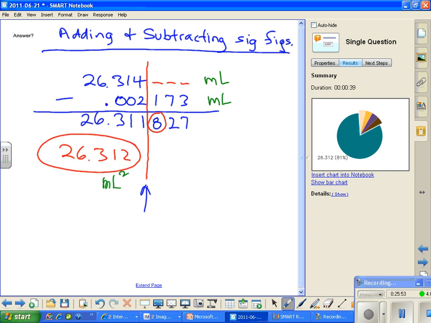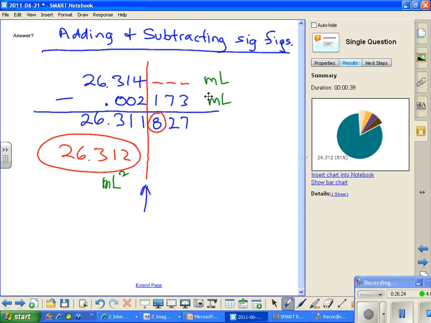If one is liters and the other is milliliters, you have to convert it to the same thing. You can't multiply mils times liters. Mils has to be converted to liters, or liters has to be converted to mils first. You only multiply the mils if it's multiplication, right?